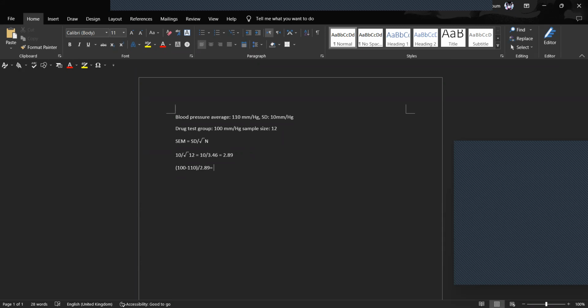So that's going to be 3.46. Okay, it's going to be negative 3.46 for this case. And you can just cancel out the negative, so make it 3.46.